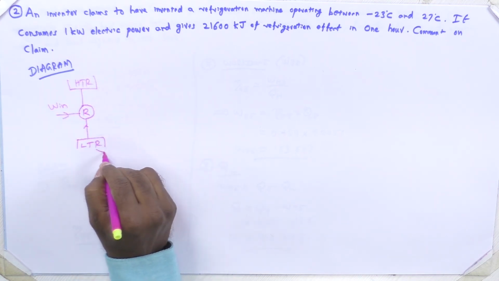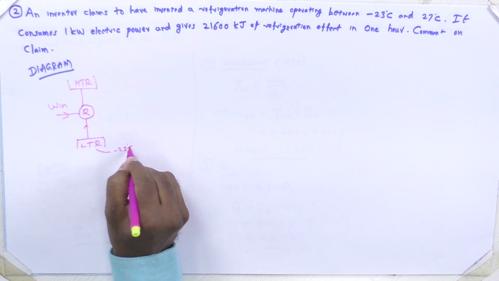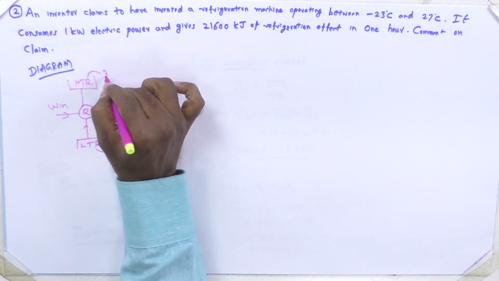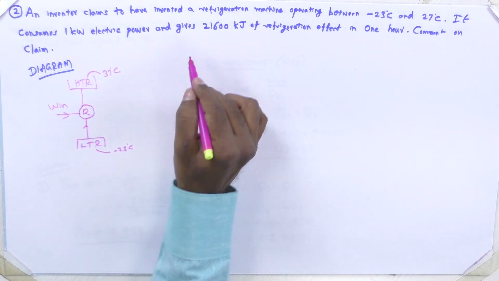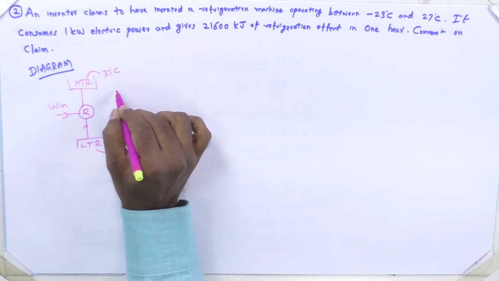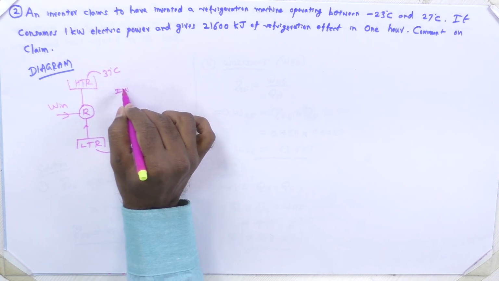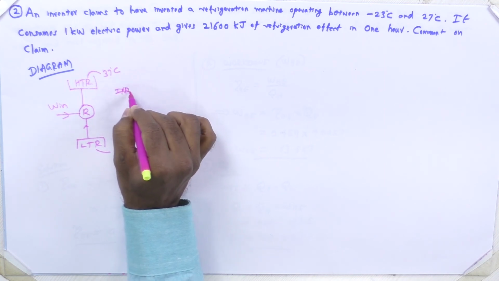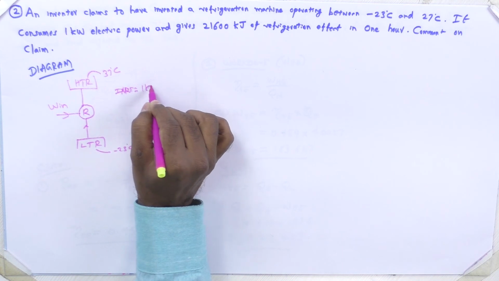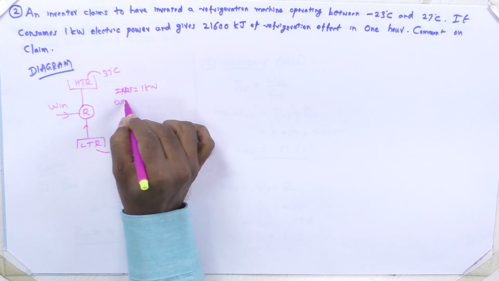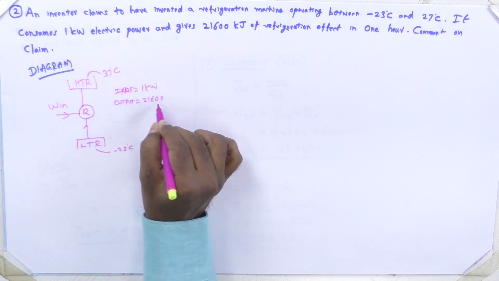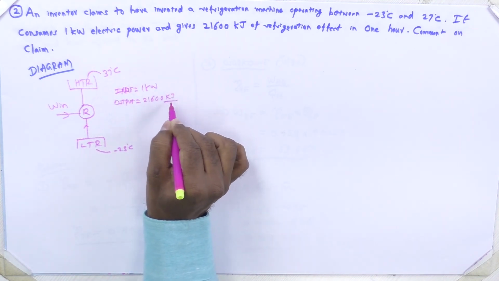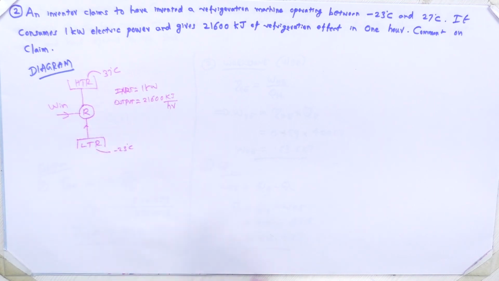The lower temperature reservoir is at minus 23 degrees Celsius and the higher temperature reservoir is at 27 degrees Celsius. The input to the refrigeration system is 1 kilowatt, and the output is 21,600 kilojoule per hour. These are the conditions given.